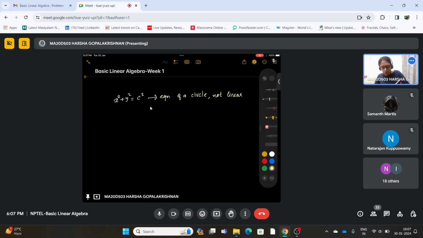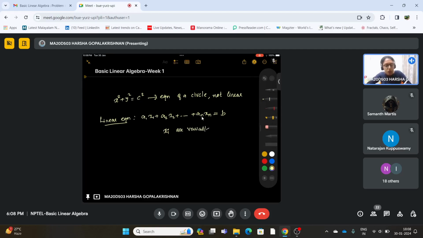Now, a linear equation in general is of the form a1 x1 plus a2 x2 plus and so on, plus an xn equal to b. Okay, this is the linear equation. Here, x1, x2, up to xn are variables.